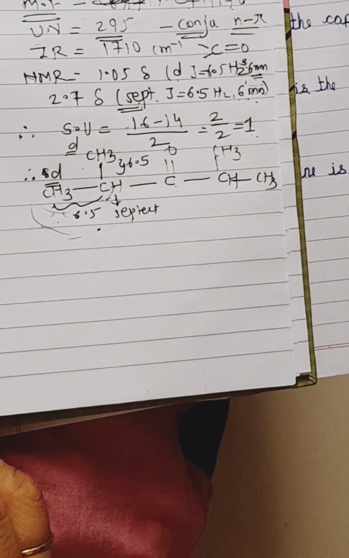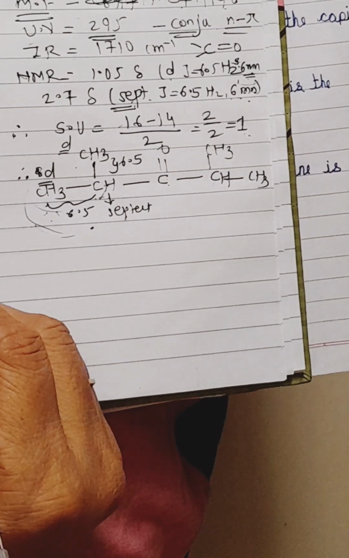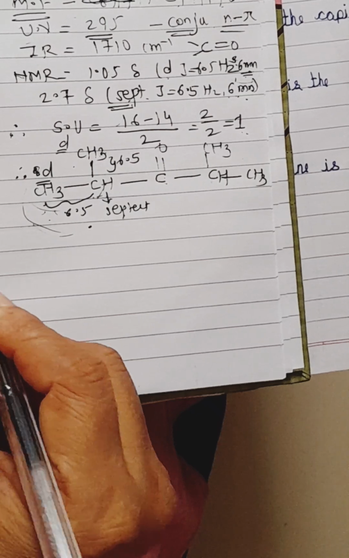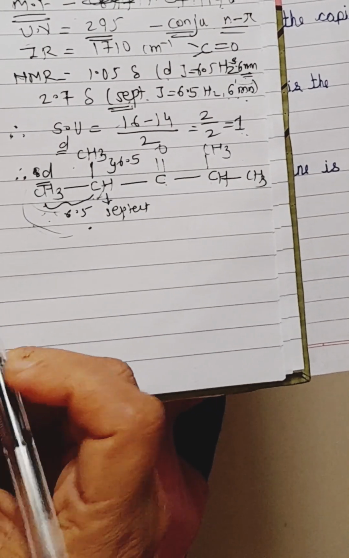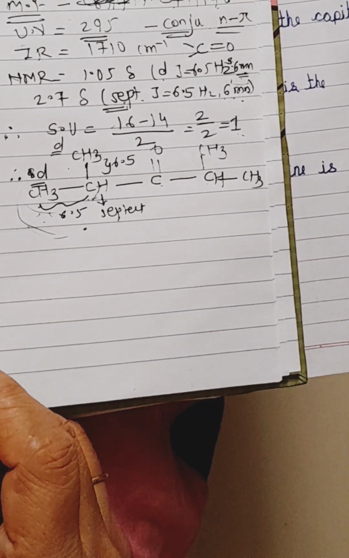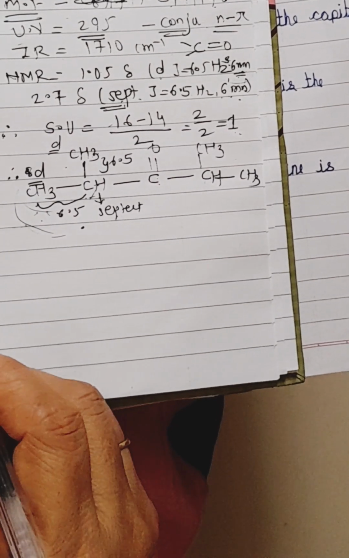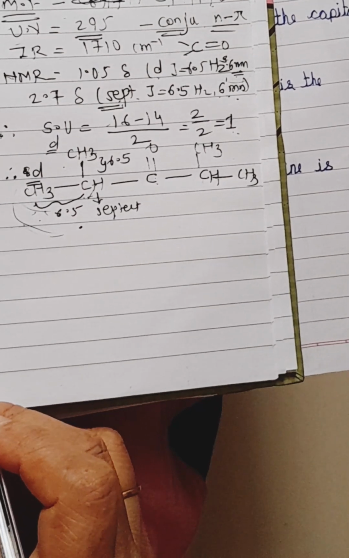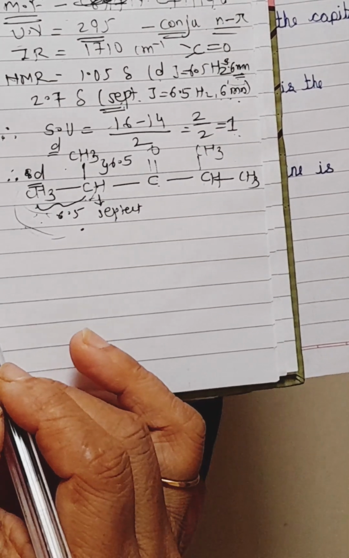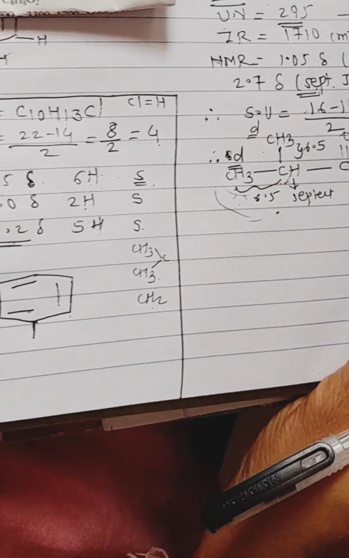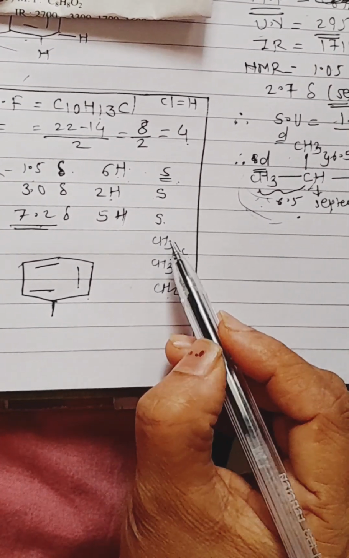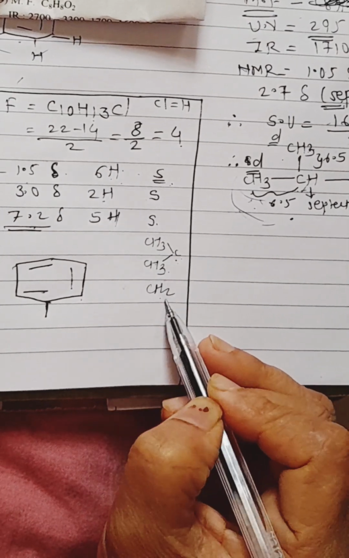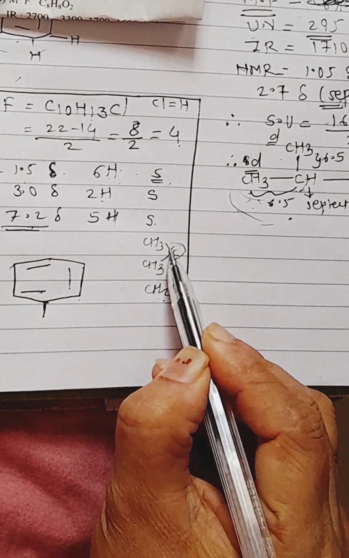The 6 hydrogen atoms mean there are 2 methyl groups, then 6, 7, 8 and this CH2 is 9, and of course the 10th carbon is this carbon atom.